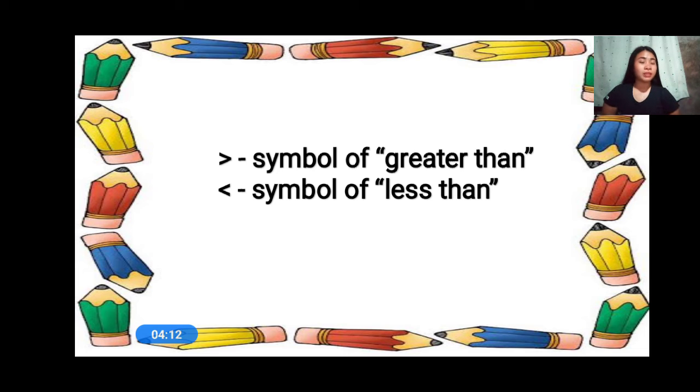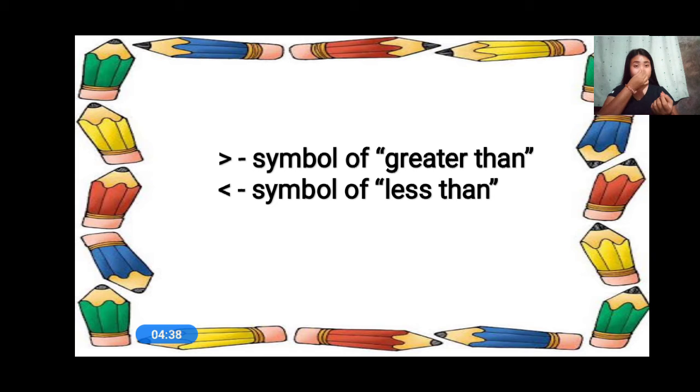What is the symbol of less than? Okay, so everyone, like this. To the left. The point is in the left. So in greater than, the point is in the right, and in less than, the point is in the left. Do you understand me? If the arrow point is in the right, meaning that is greater than, and if the arrow point is in the left, meaning that is less than.